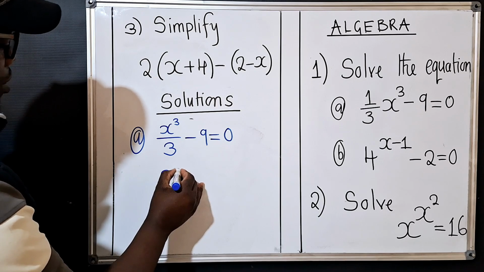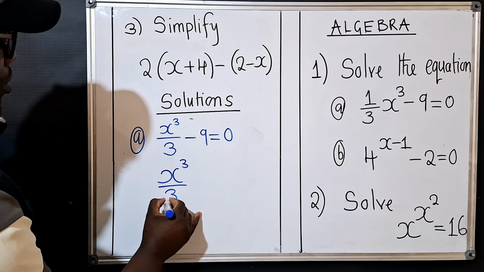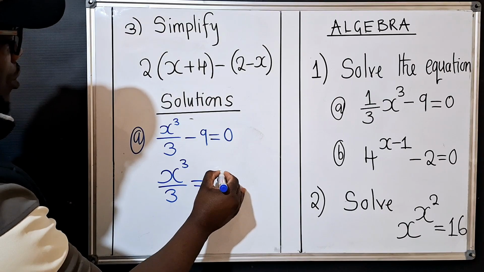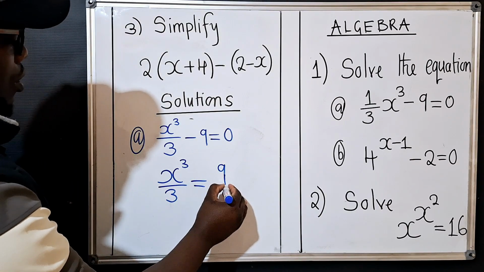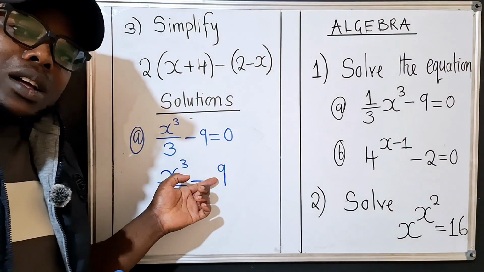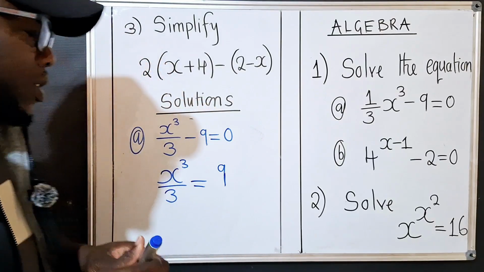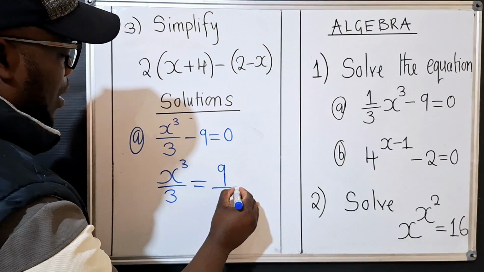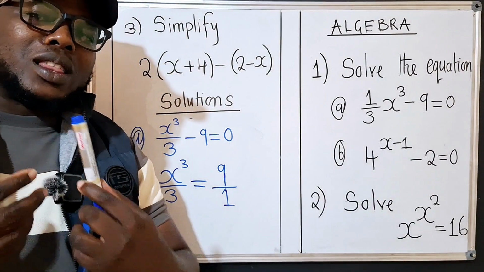So you've got x power 3 over 3 is equal to 9. Mind you, this is the whole number. And of course, we know that any whole number has an invisible 1 down here like this. Why am I doing this?